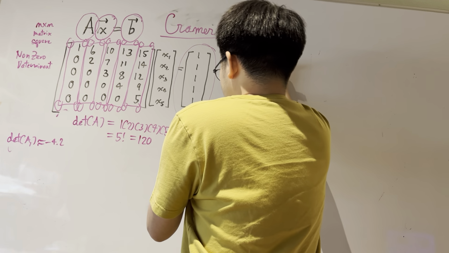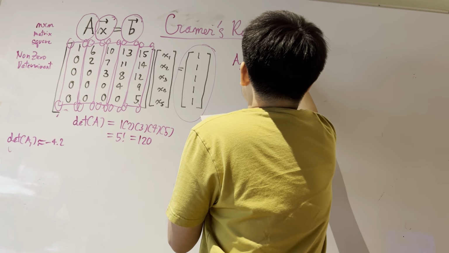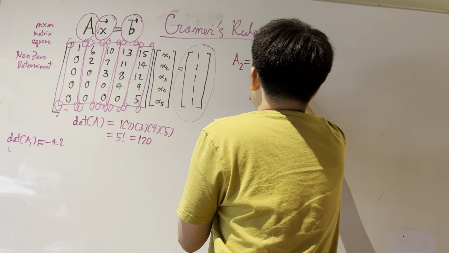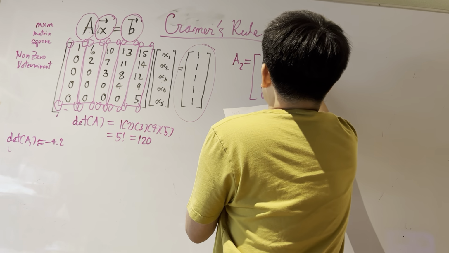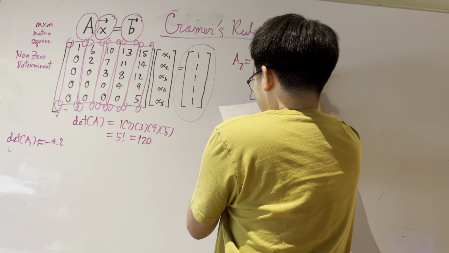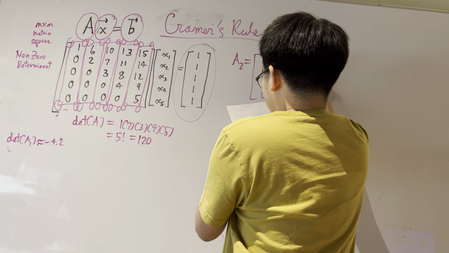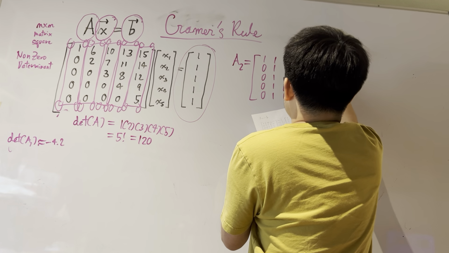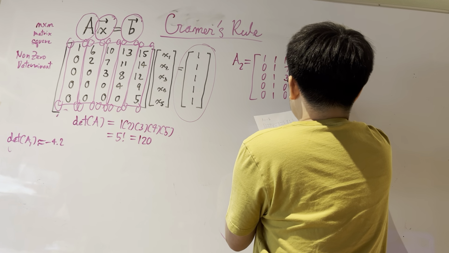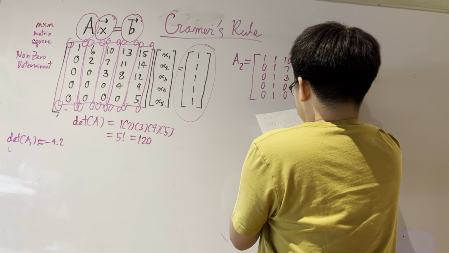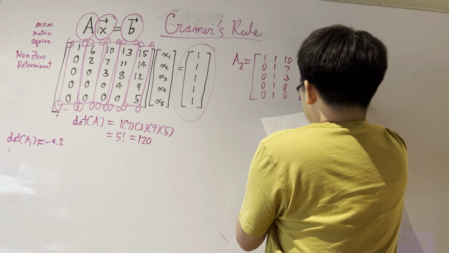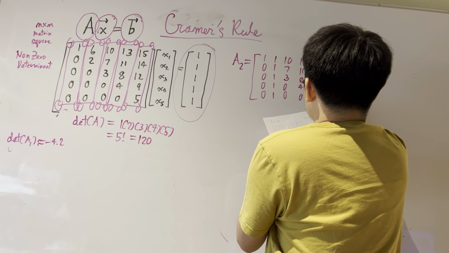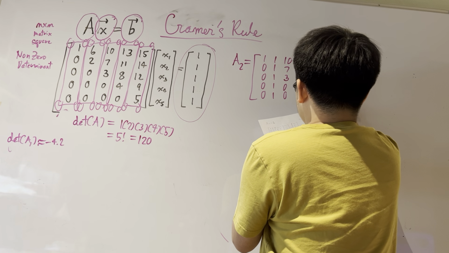We have A2 as 1, 0, 0, 0, 0, 1, 1, 1, 1, 1, 10, 7, 3, 0, 0, 13, 11, 11, 8, 4, 0, 15, 14, 12, 9, 5.